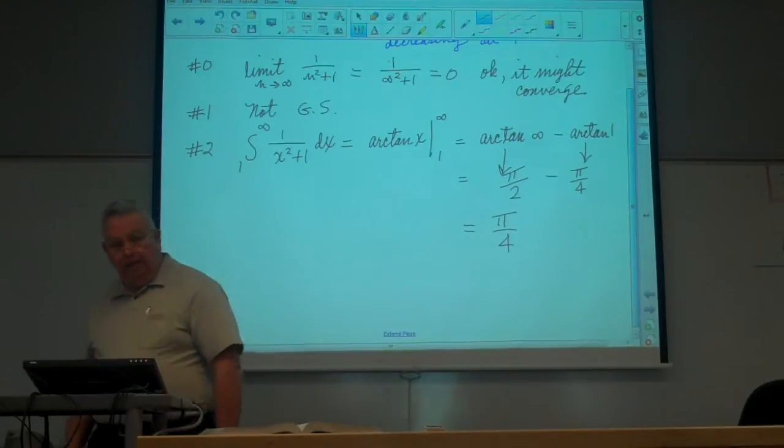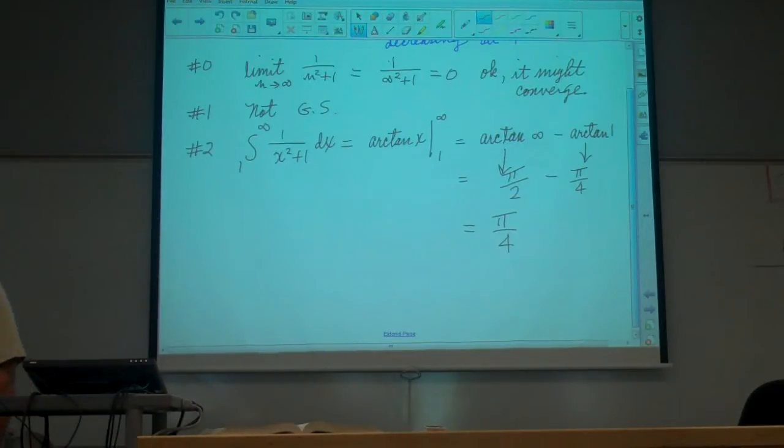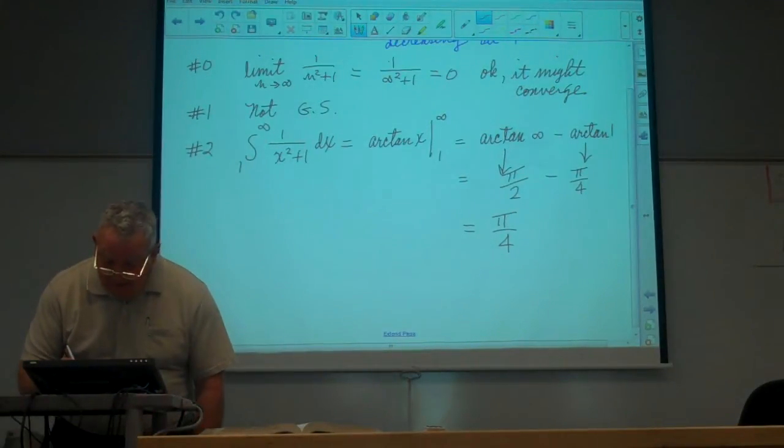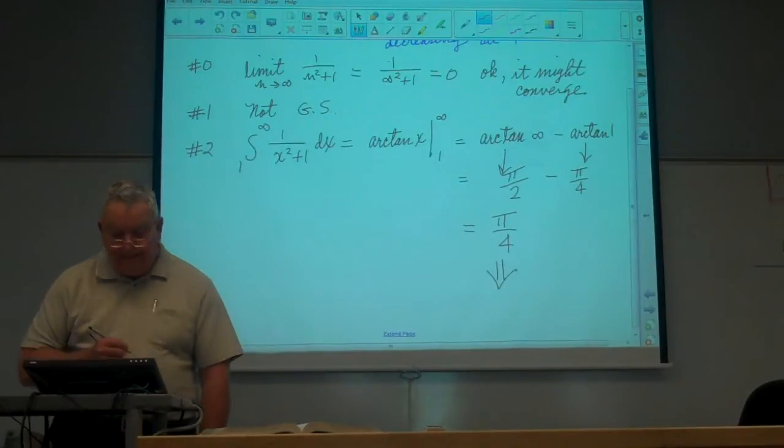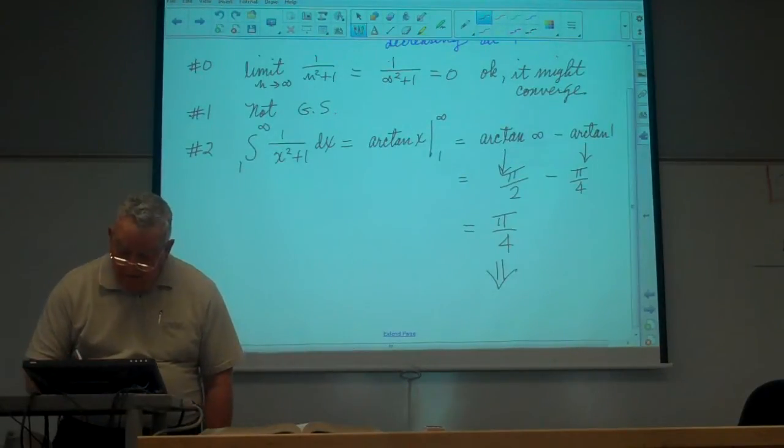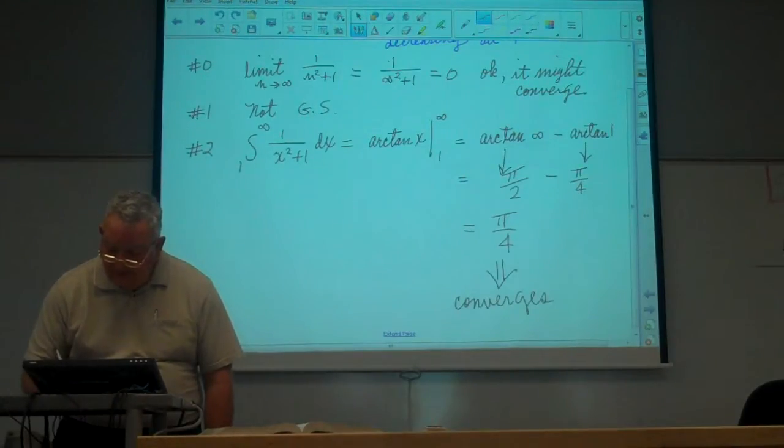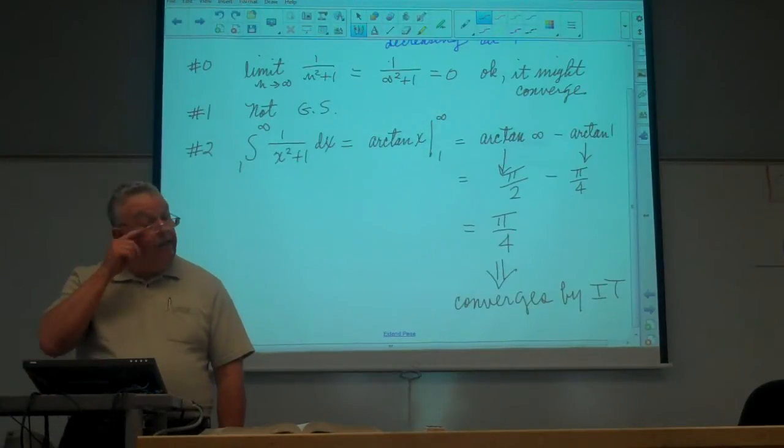So that limit is equal to pi over 2 minus pi over 4, right? 2 pi over 4 minus pi over 4 is pi over 4. And what does that tell you? Converges. Converges by, and I do want to see it.